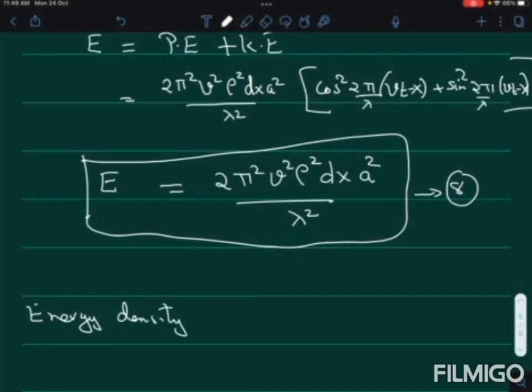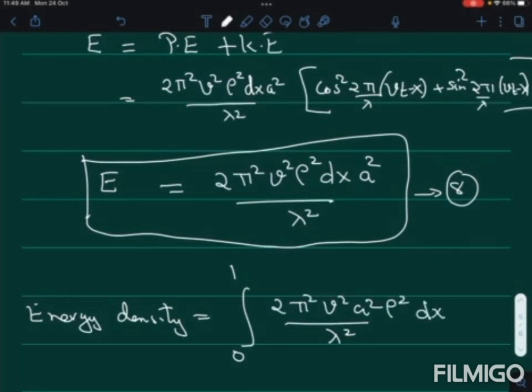It is the integral from 0 to 1 of 2 pi square v square a square rho by lambda square dx.